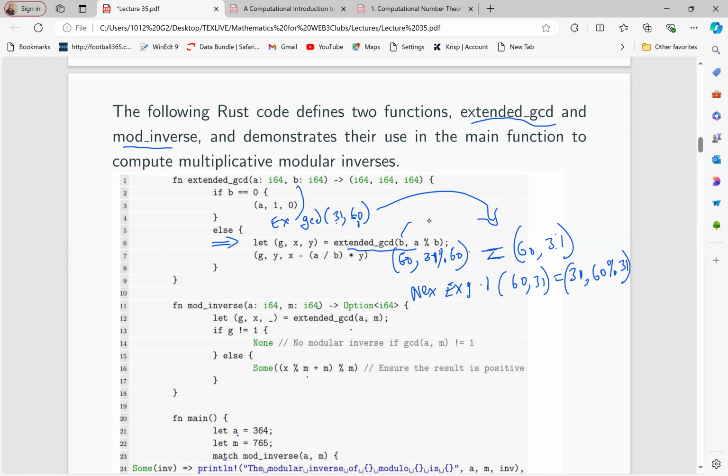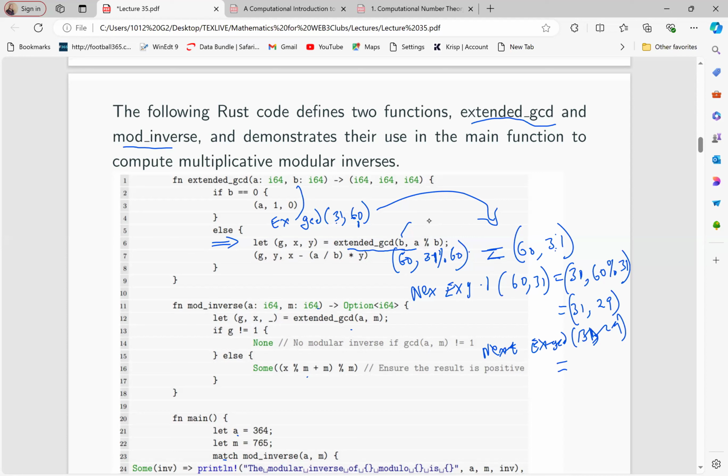So you see, this is what we normally do, what we've been doing in the earlier process, where we just write the remainder and the remainder. When you divide 60 by 31, the remainder is 29. Then there will be the next call. The next call is the extended GCD of 31, 29.